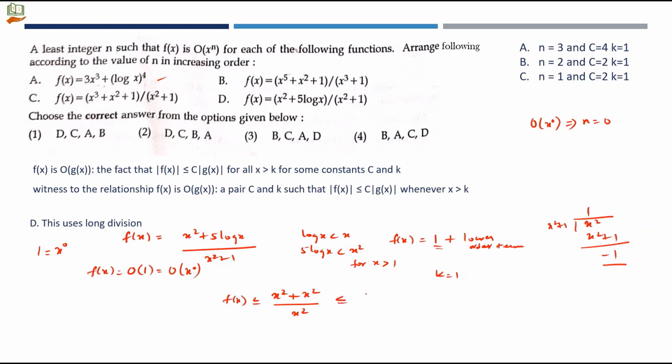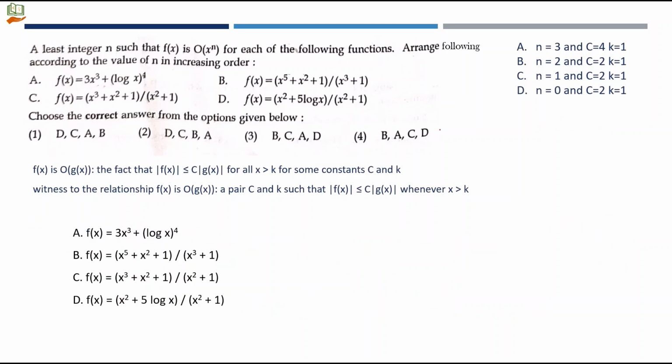This will be 2x square divided by x square, where we can cancel this x square and this will be less than or equal to 2. We have something called big O of 1, which means g of x is equal to 1. So this is 2 into 1. From here we can conclude c is equal to 2, k is equal to 1, g of x is also equal to 1.